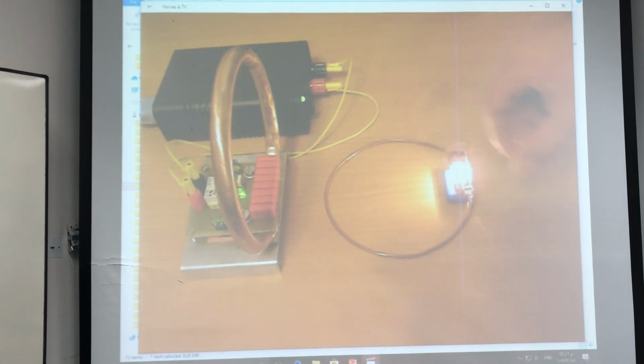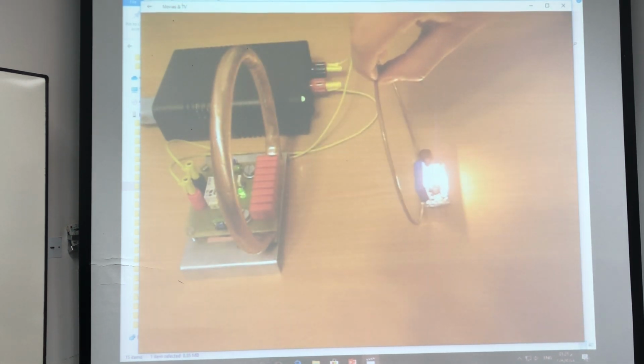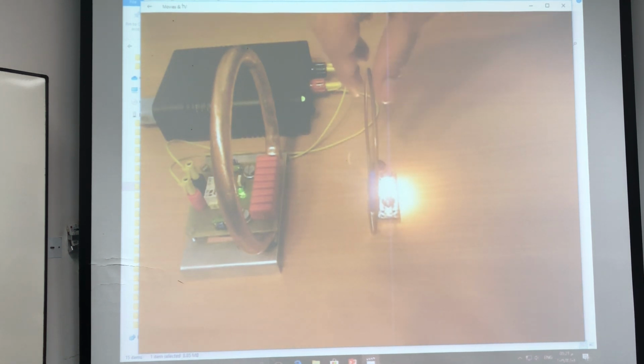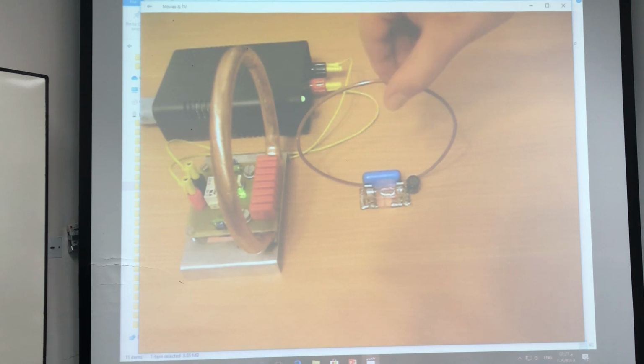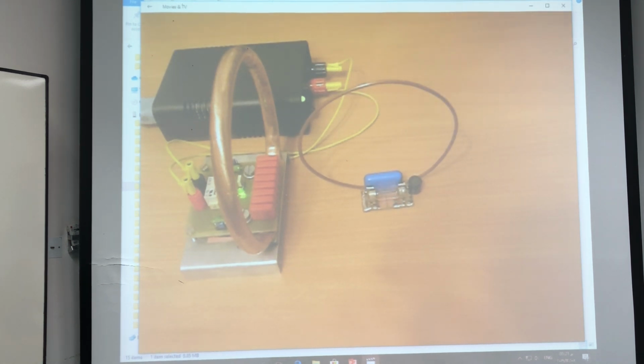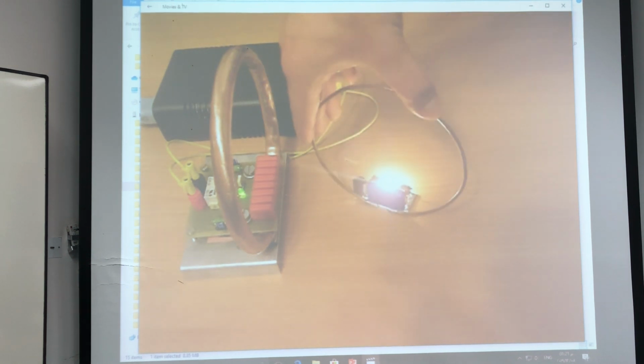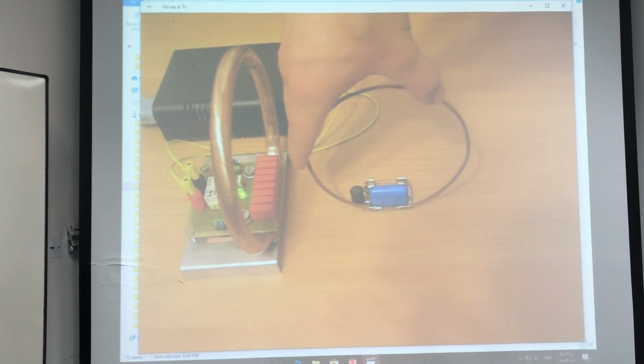Understood the video or not? If the two coils are perpendicular, no flux links, so the circuit is off.